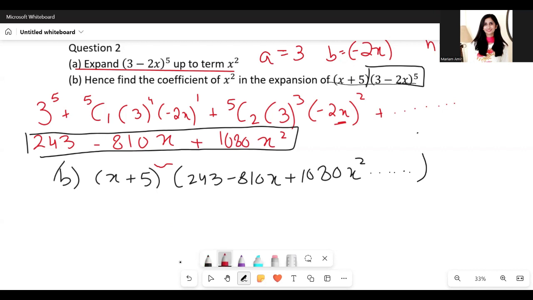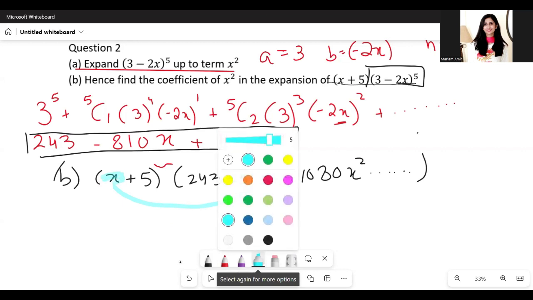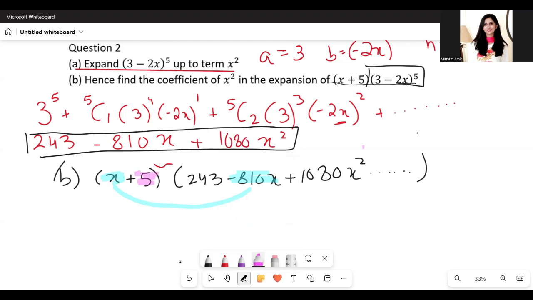So notice that you'll get x squared when you multiply this x with this negative 810x. And also you'll get an x squared term when you multiply this 5 with this 1080x squared. No other way you can get an x squared term.